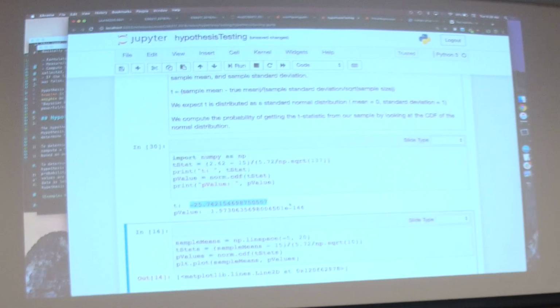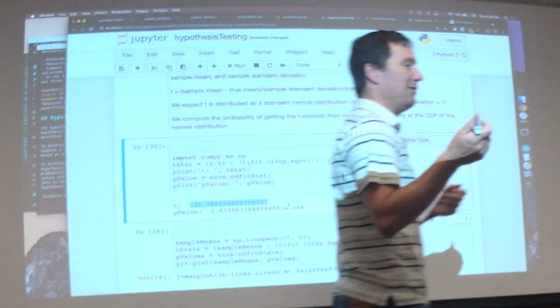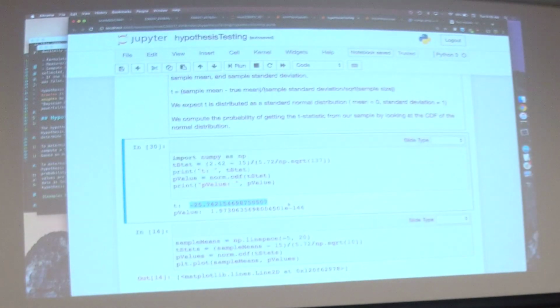So our t is minus 25, okay. And we're assuming that this t came from a Gaussian distribution centered at 0. Okay. So our mean is 0. Our standard deviation is 1. So if you remember, 68% falls between -1 and 1. We're at negative 25, right?